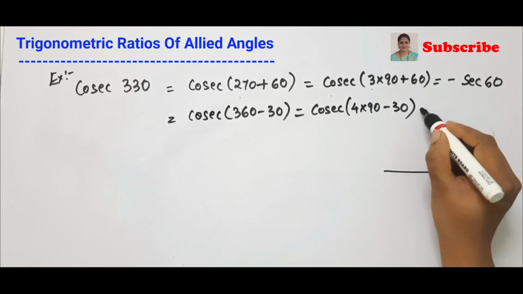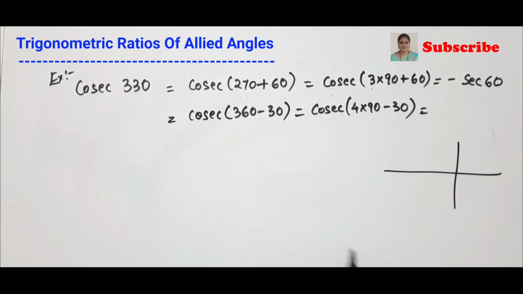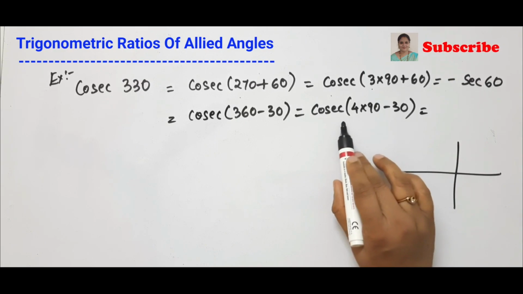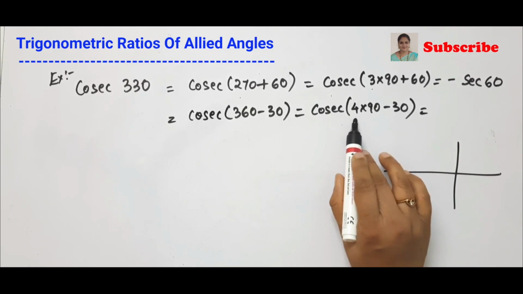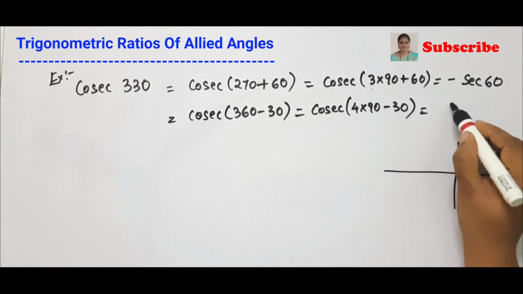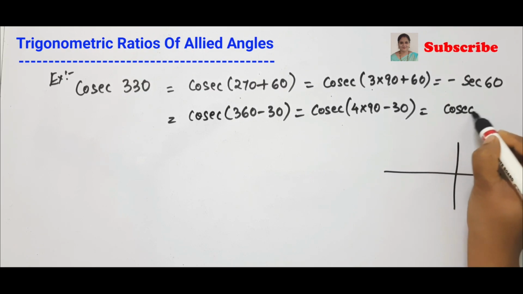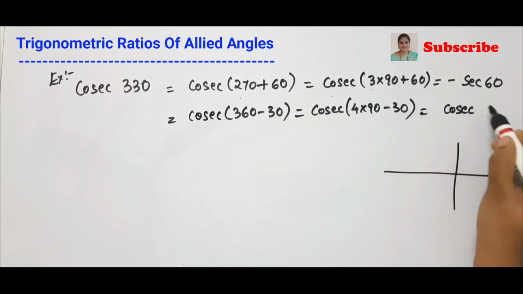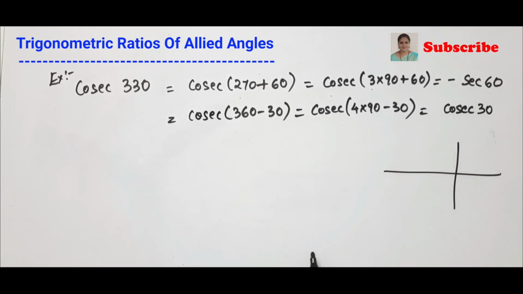Similarly, this can be expressed as cosecant, as it is an even multiple, we have to write down the same trigonometric ratio. So this will be cosecant of, what is the value of angle theta here? It is 30. So 360 minus 30 means it will be in the fourth quadrant. In the fourth quadrant, cos and secant are positive, the remaining all are negative.